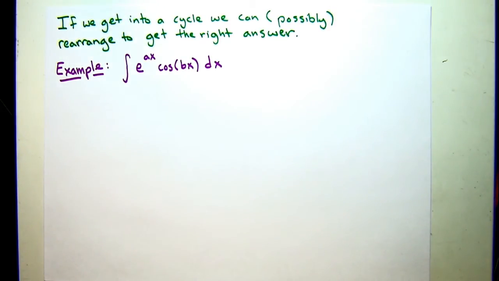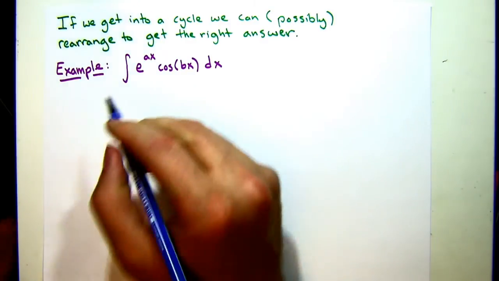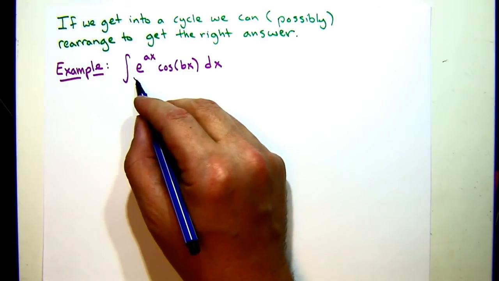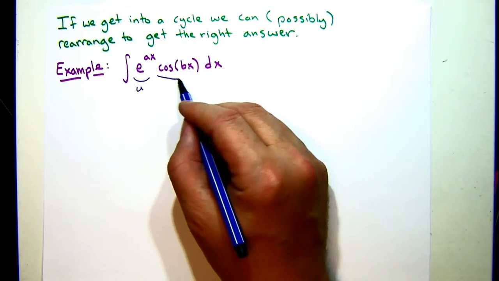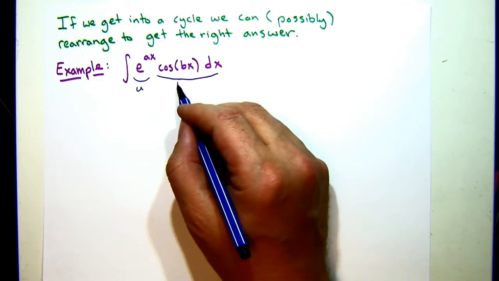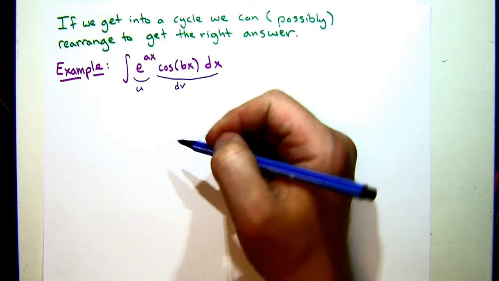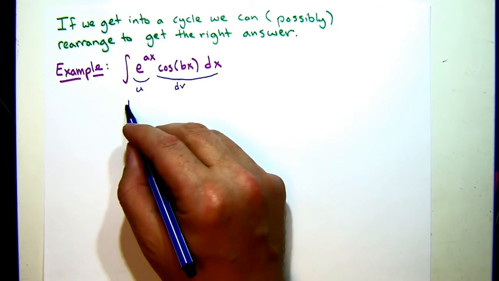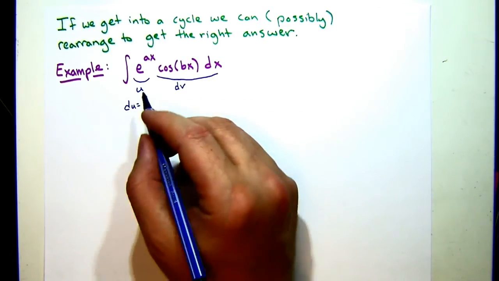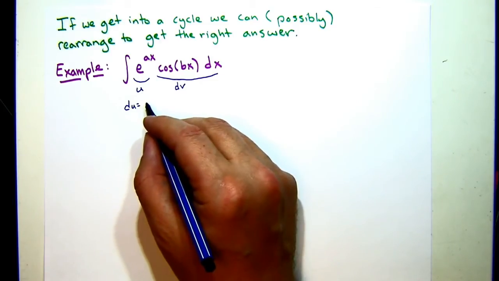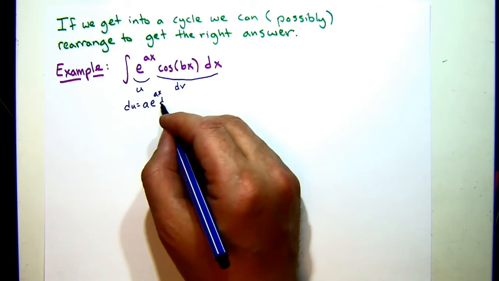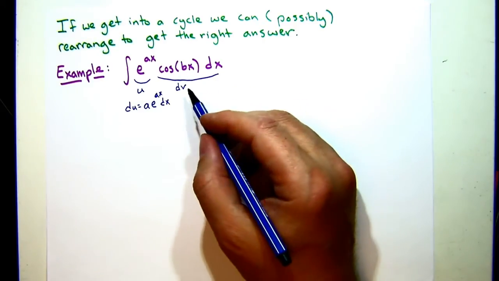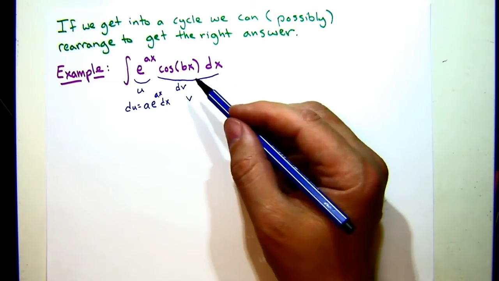So let's pick. I like to say, let's make u be my e to the ax. I just like taking derivatives of e to the ax. And so the cosine bx dx, that's my dv. So du is going to be the derivative. The a comes down, e to the ax dx.